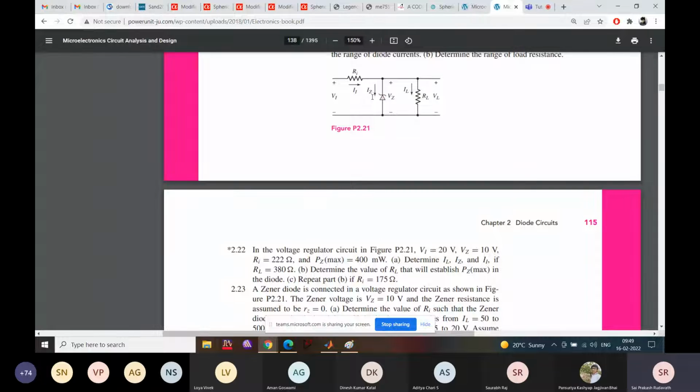So you'll get IZ equal to I1 minus IL minimum. So you'll get the answer. I think it is 1.2 amps.